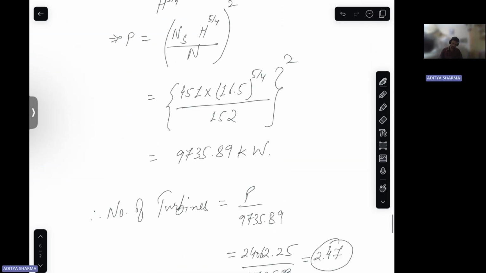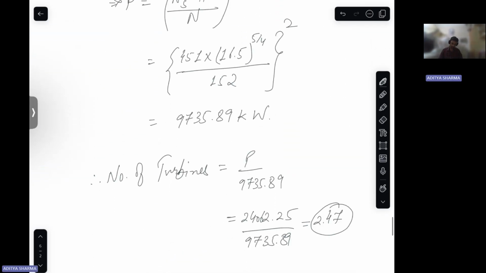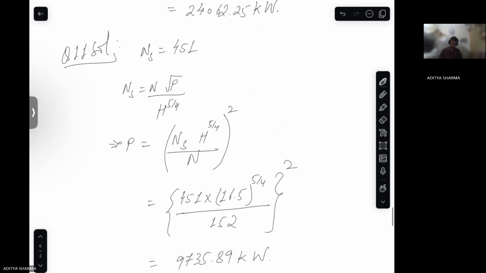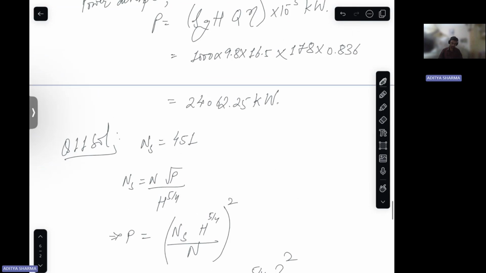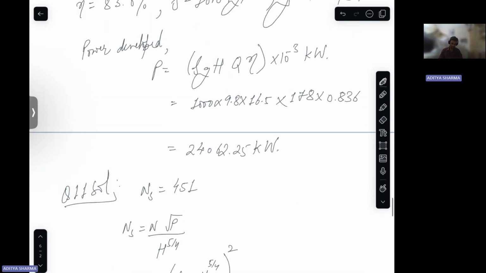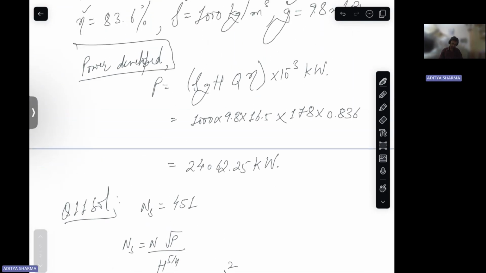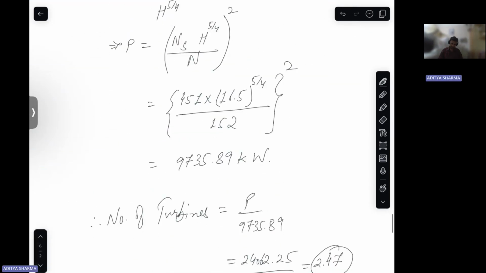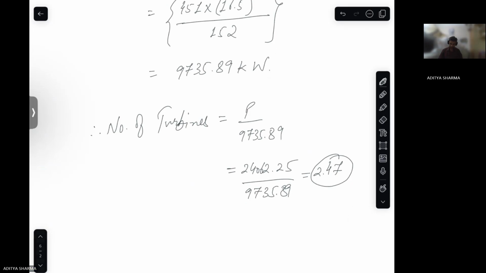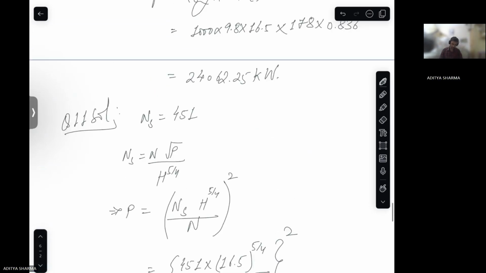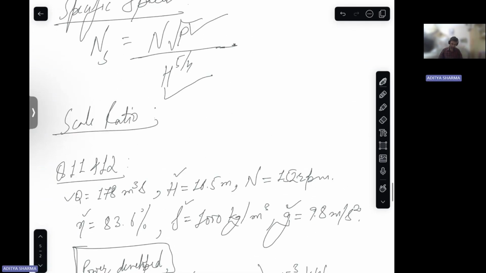So if we place 3 turbines, in that case the power produced will exceed this value, right? I believe that should not happen. In that case, 2 turbines should be the correct answer. Okay.